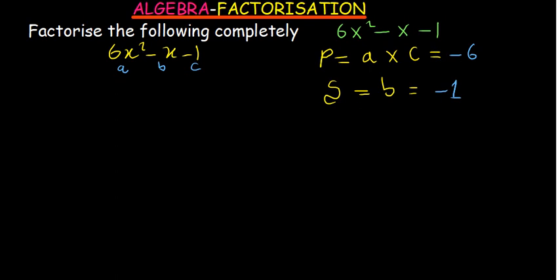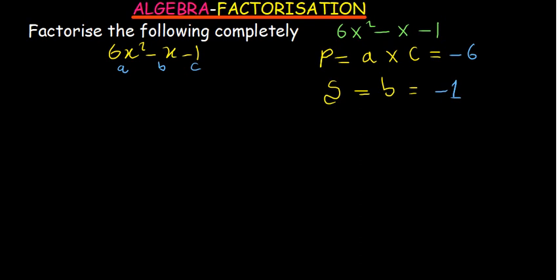Look for numbers that... it's supposed to be negative 6, that is c equals a times c.